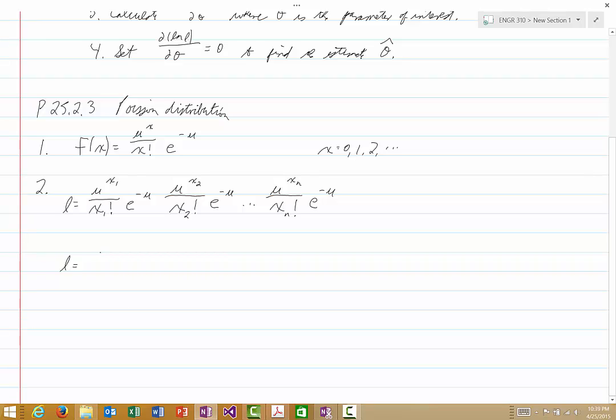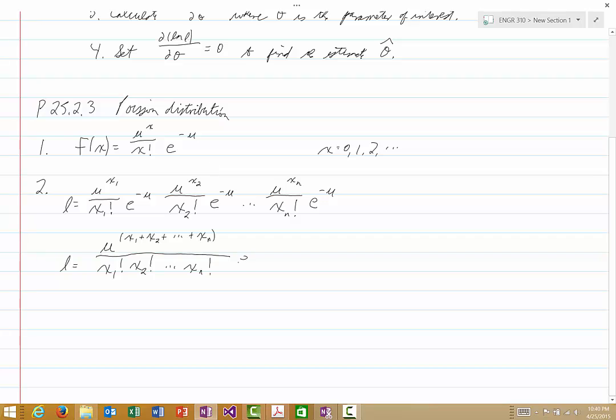We can write this as mu to the x1 plus x2 plus dot dot dot plus xn over x1 factorial x2 factorial dot dot dot xn factorial, and then the only other thing we have to account for is e to the minus mu, which appears n times.